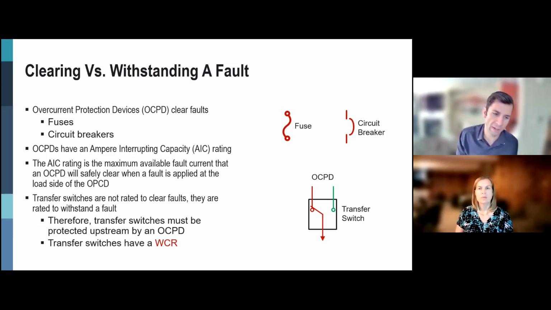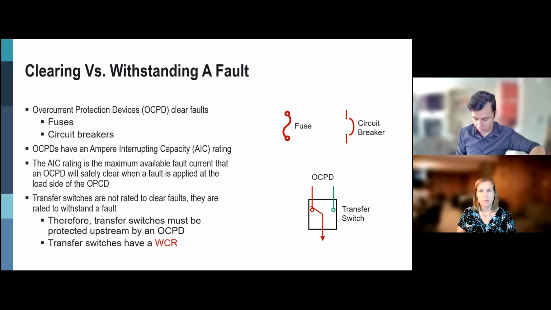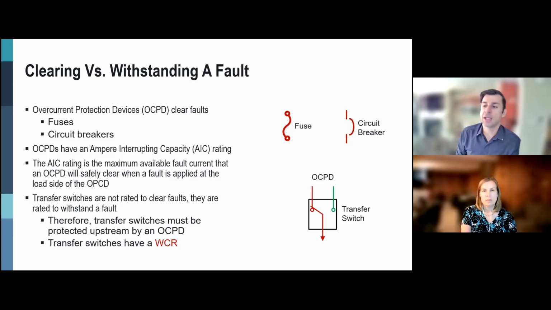Transfer switches, on the other hand, are not rated to clear a fault. They are rated to withstand a fault. What that means is, if there is a fault going through the transfer switch, and let's say it's an obscene amount of current, I don't know, 125,000 amps, we don't want the contacts on the transfer switch to even move by 1 micron.